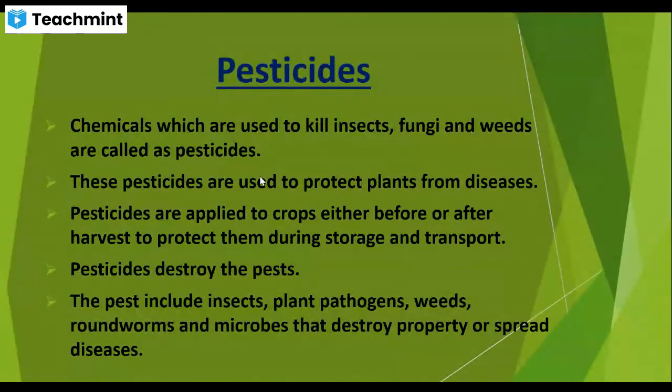These pesticides destroy the pests. Pests include insects, plant pathogens, weeds, roundworms, and microbes that destroy property or spread diseases. All these pests can be controlled by pesticides.